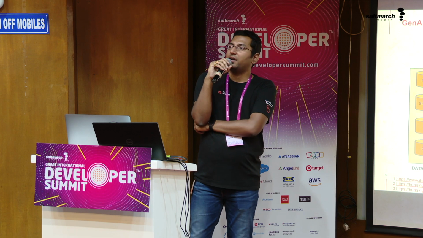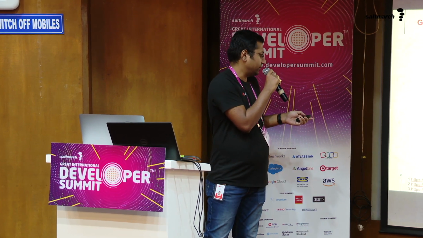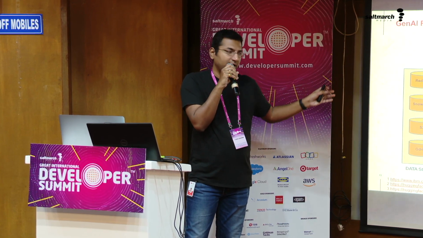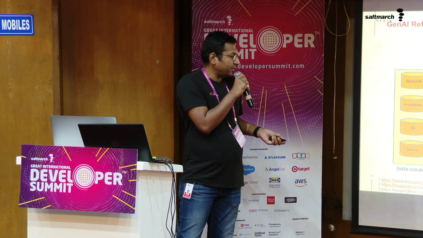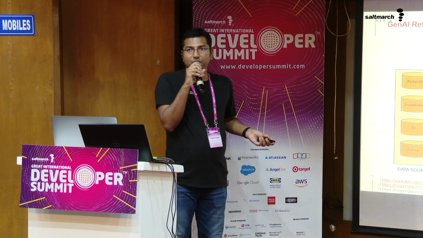In S3 and Google Drive, you have various unstructured data, such as knowledge articles or user guides. So we are covering that both structured and unstructured data can be utilized in this architecture.